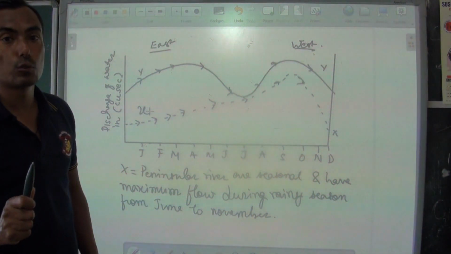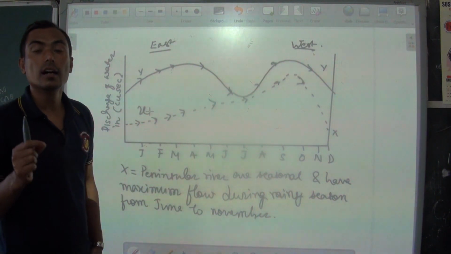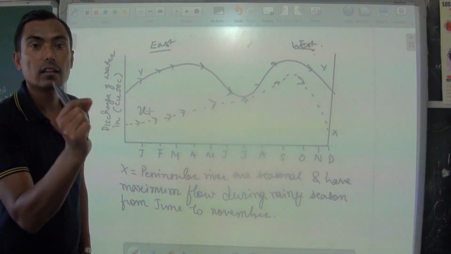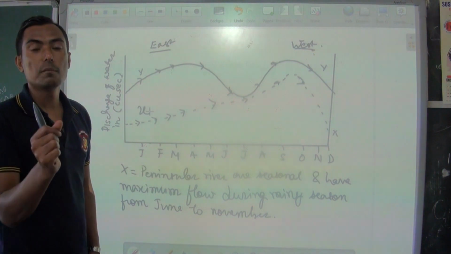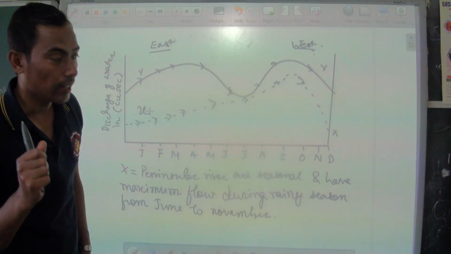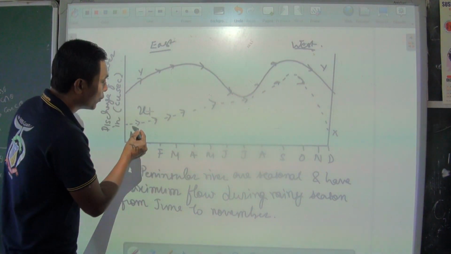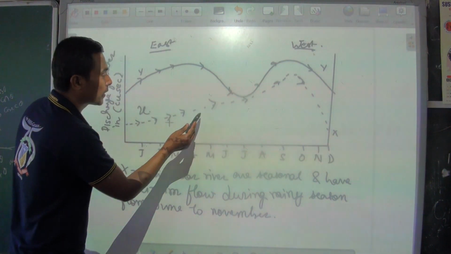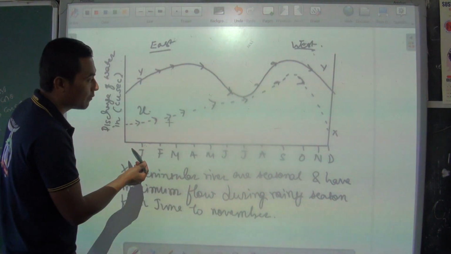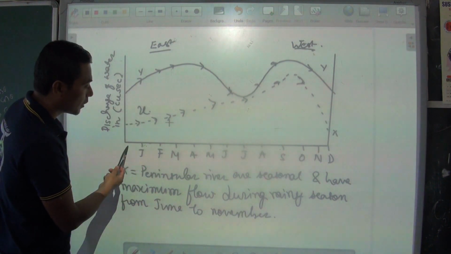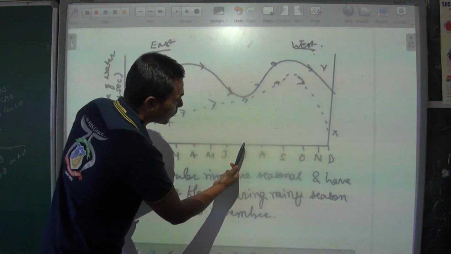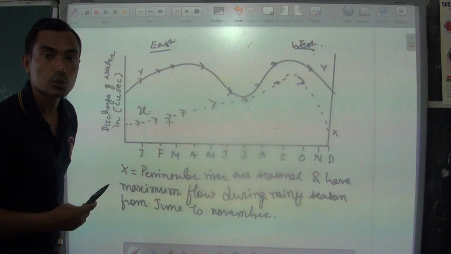Even if they flow throughout the year, they carry a thin channel of water. It means that the volume of water is very less, especially from the month of January till the month of June, July.